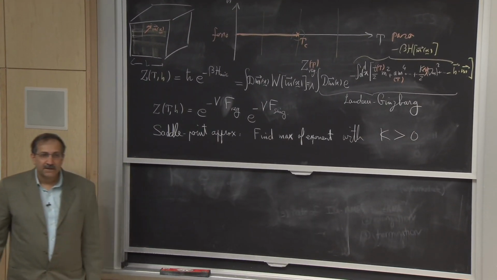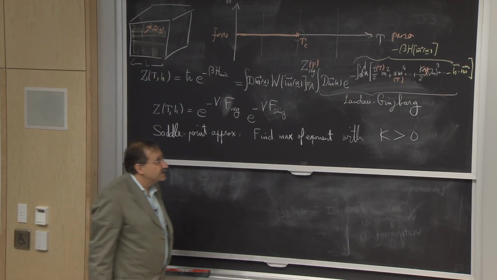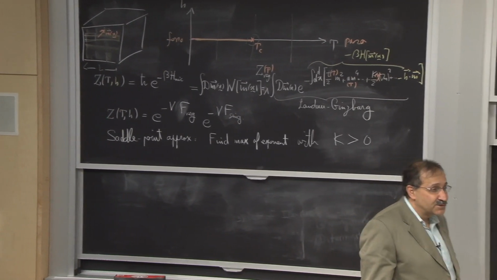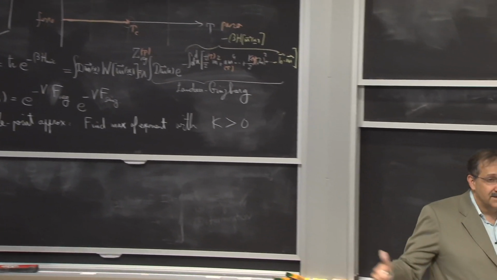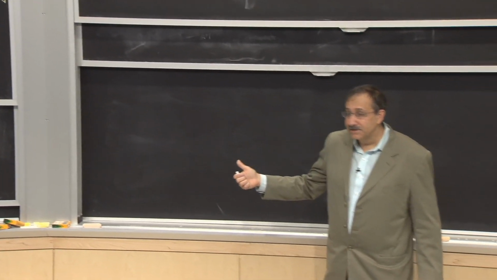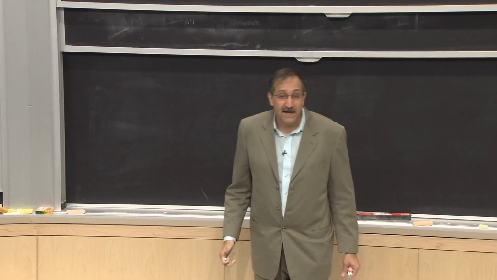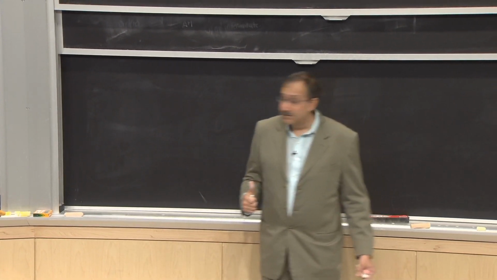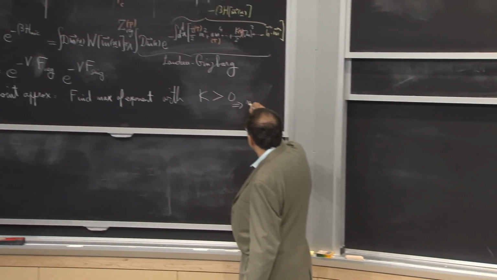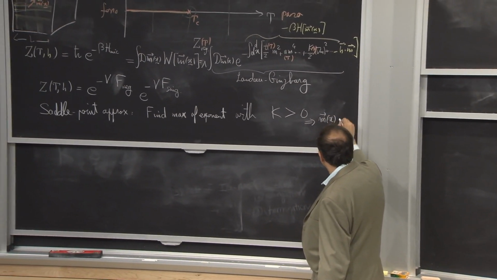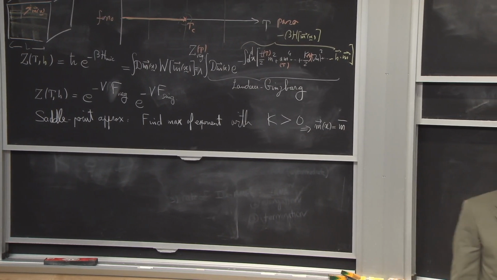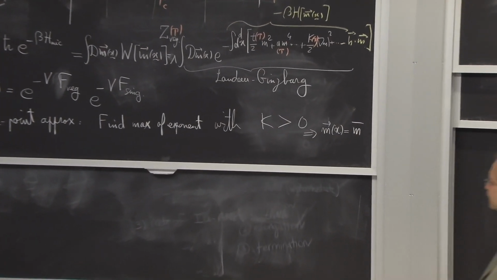Okay? So that helps me a lot in finding the extremum of the function, because it means that the extremum will occur when m of x is uniform across the system. Any variations in m of x will give you a cost from that and will reduce the probability. So with k positive, I know that the optimal solution is going to correspond to a uniform value across the system. What is this uniform value?